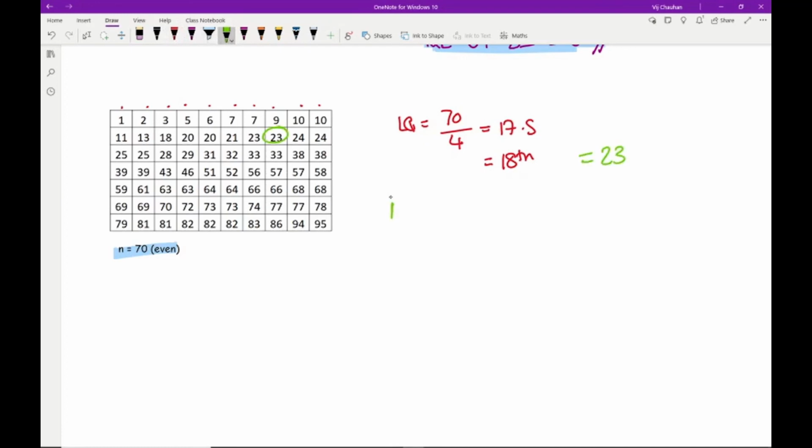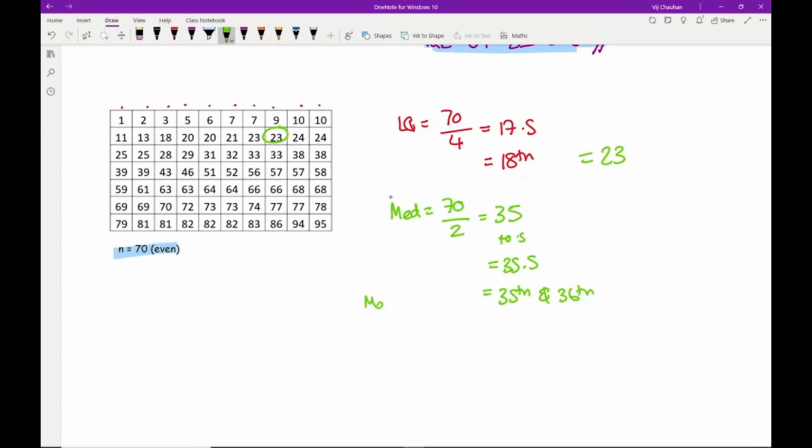Then to work out the median, I do 70 divided by 2, which is 35. Now because this is a whole number, I'm going to add 0.5 to it, so that gives me 35.5. So what that tells me is that my median value is between the 35th number and the 36th number.